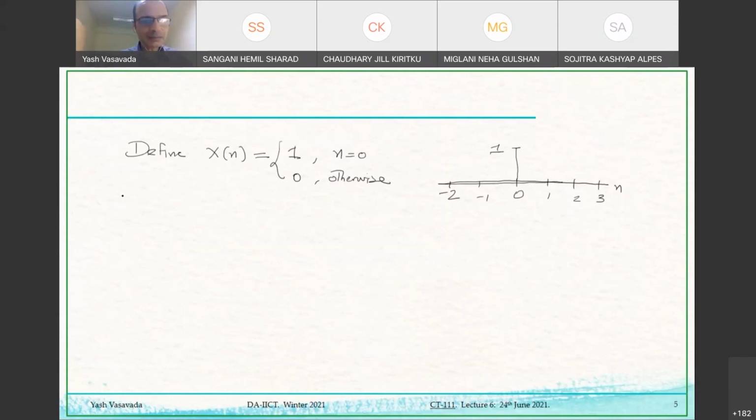So this is called, in alternative ways, an impulse, or specifically a discrete time impulse, or discrete time delta function. And it's sometimes also denoted as delta of n.